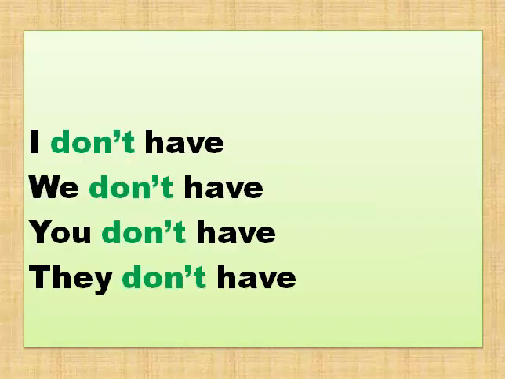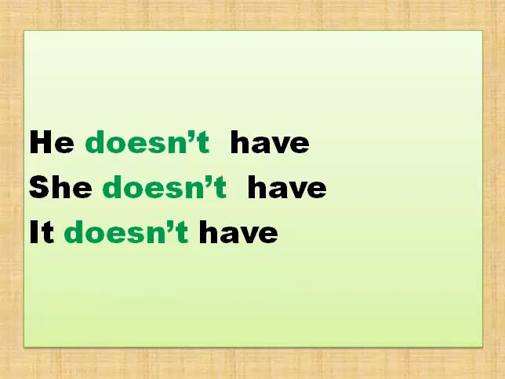Next, what if we have to write a negative, that is, not? In that case, the same sentence becomes I don't have, we don't have, you don't have, they don't have. The word don't will be added in between. We will place the word don't in between I and have.